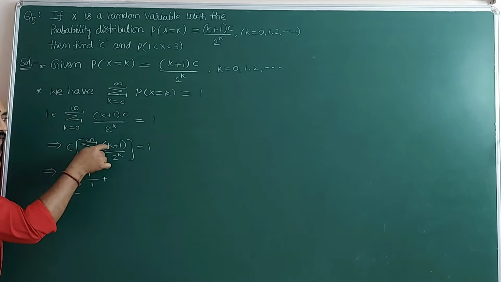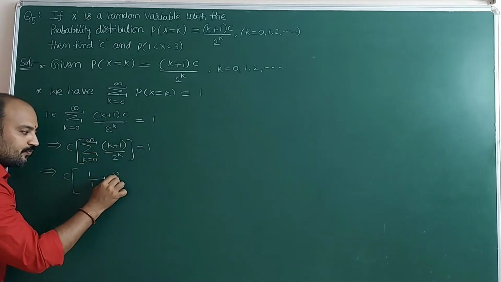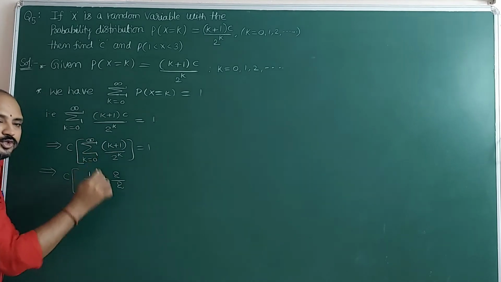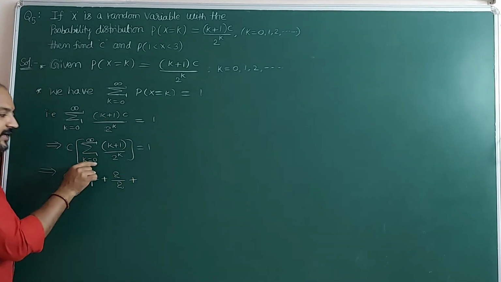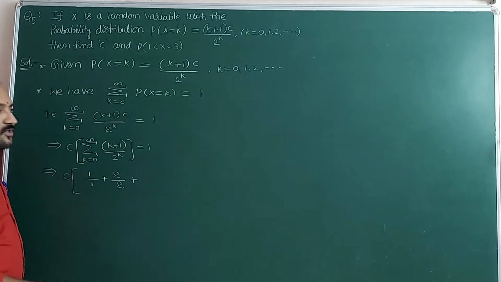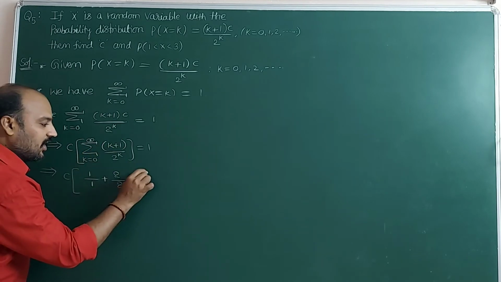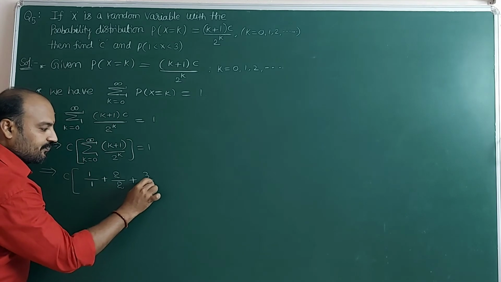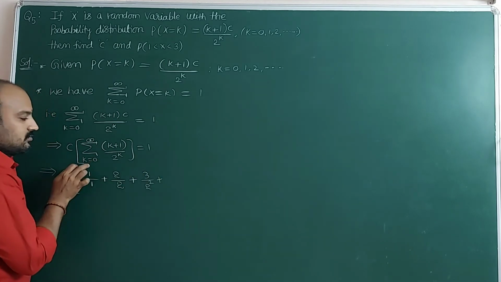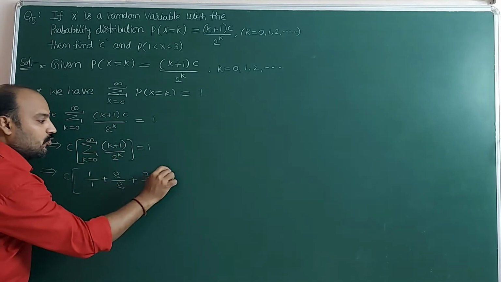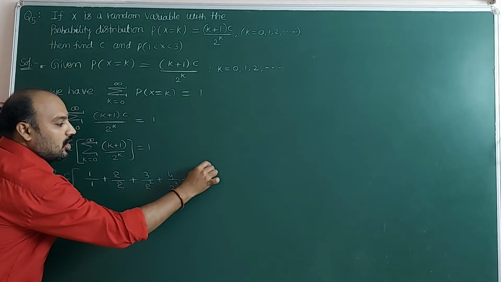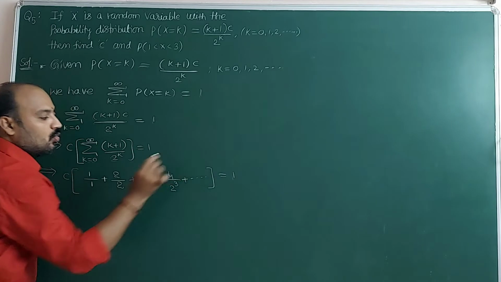Plus k is equal to 1: 1 plus 1 is 2 divided by 2 power 1. Plus k is equal to 2: 2 plus 1 is 3 divided by 2 square. Plus k is equal to 3: 4 by 2 power 3, plus and so on is equal to 1.